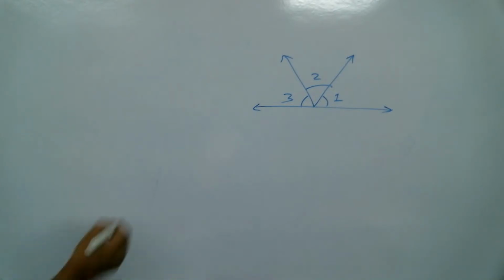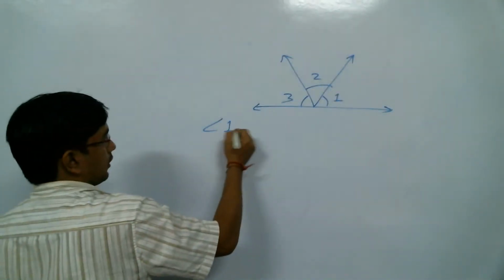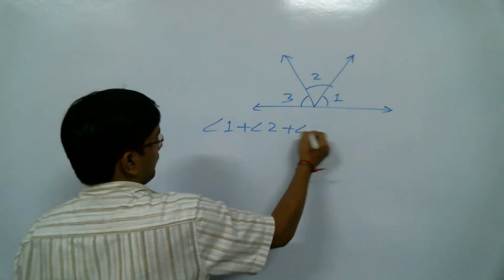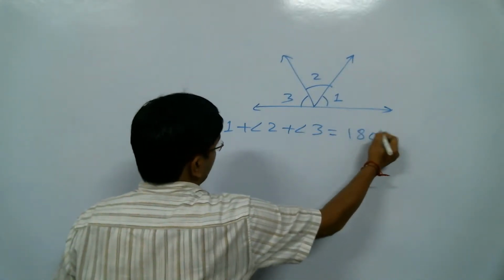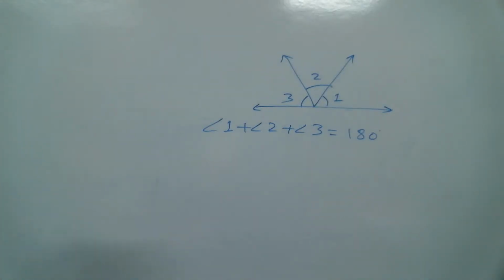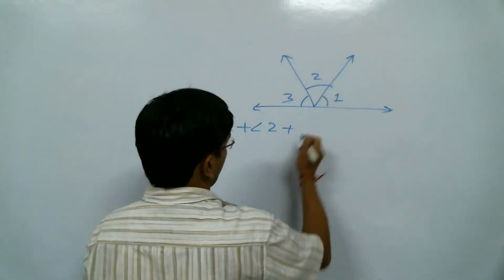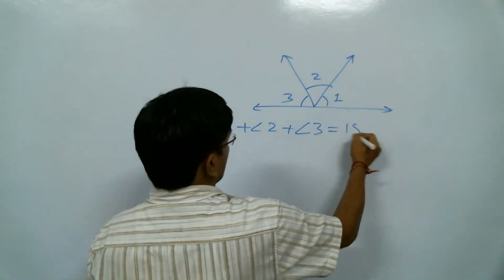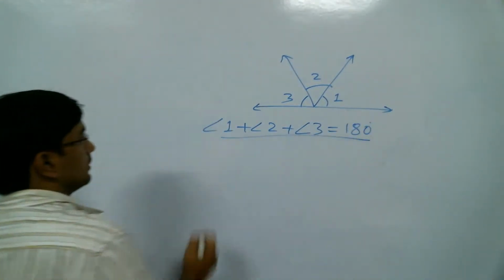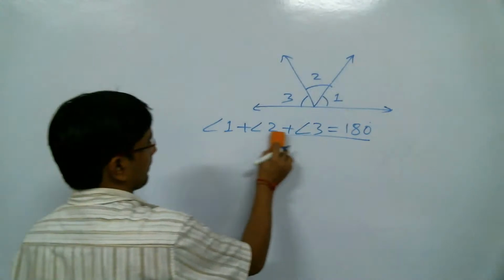So we can say that angle 1 plus angle 2 plus angle 3 all sum up to 180 degrees. Why? Because all these angles are on the same straight line. So angles on a straight line sum up to 180 degrees. Fine.